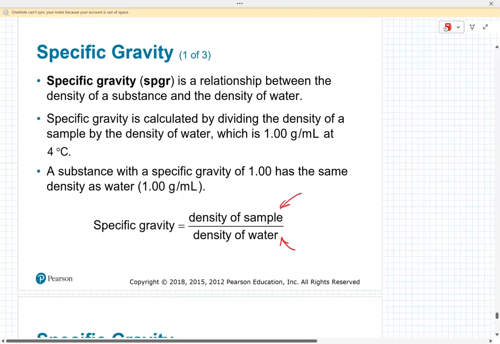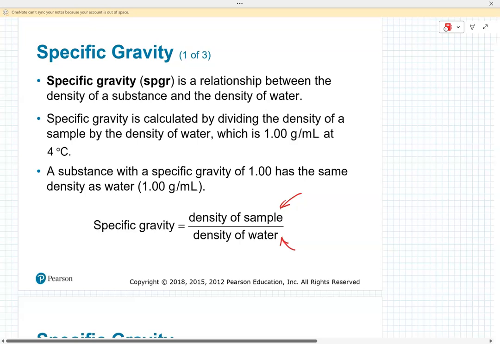Does specific gravity have units? That's a tricky question. Does specific gravity have units? You know, like milliliters or whatever, grams. No, because it's a ratio.